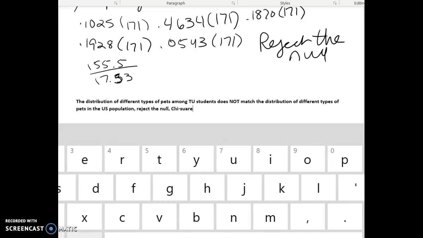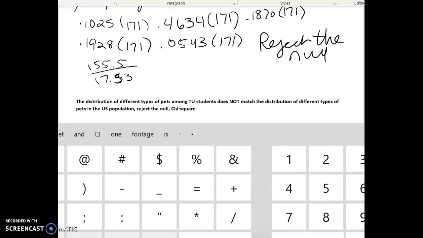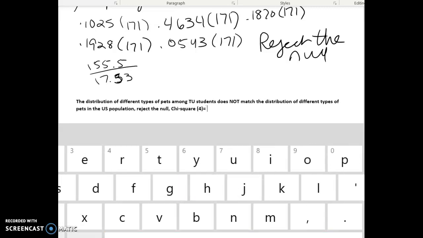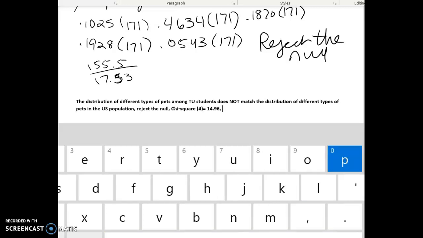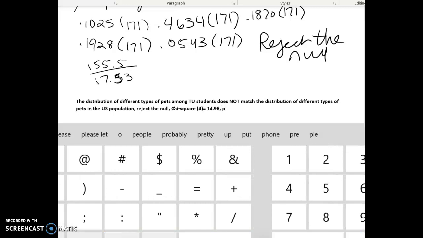Chi-square, and then we're going to put it on 4 degrees of freedom is equal to 14.9. And then P less than 0.05.